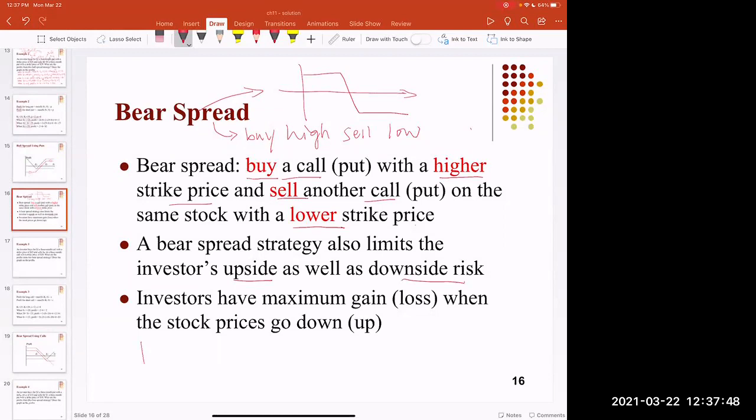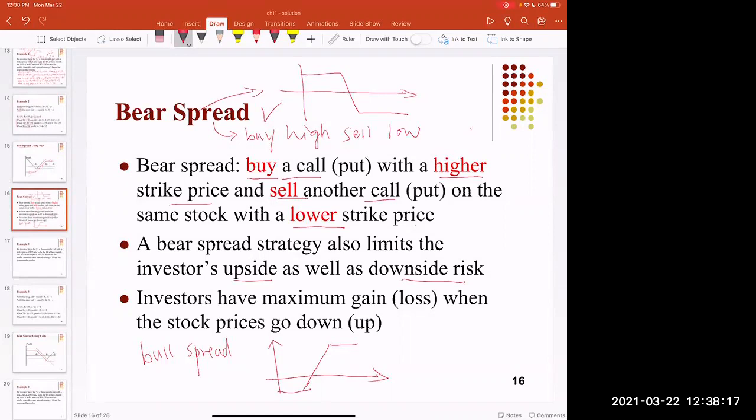And when we talk about bull spreads, which is buy low, sell high, the profit diagram looks like this. So they have different expectations, right? In this case, when the stock price goes up, they expect a gain, and for the bear spreads, when the stock price goes down, they expect a positive gain, right? So just the opposite expectation about the price.